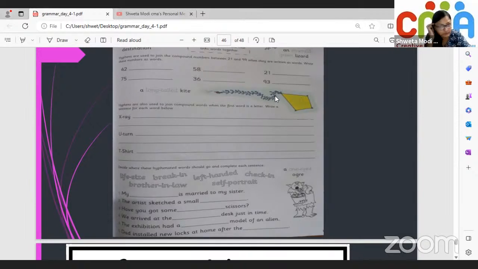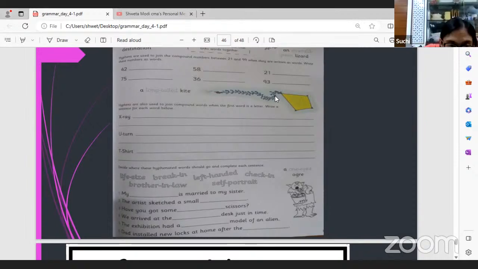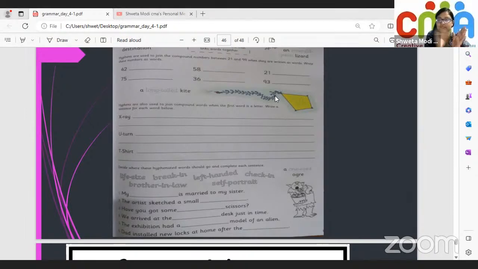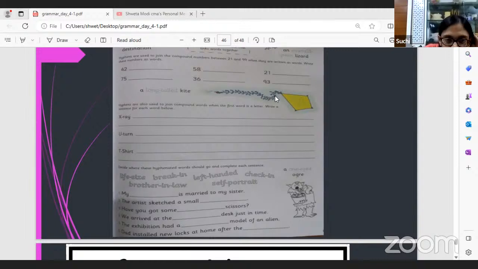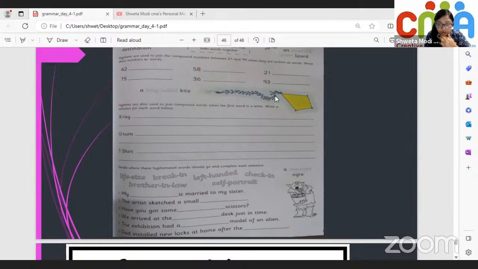Left-handed, where will it go? Have you got some left-handed scissors? Yes. So left is not scissors. Hand is left. Brother-in-law. My brother-in-law is married to my sister. Yes. So brother-in-law, those three words are connected with each other, so we use hyphen. These are called hyphenated words.